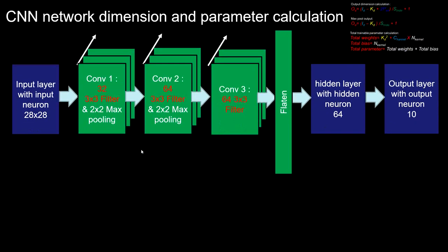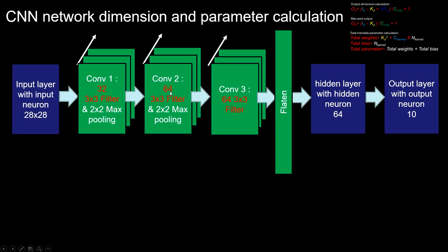So now let's take every equation and implement it in the simplest model that I have explained previously. Just recapping this model in a simple way: we have the input image with 28 times 28 dimension. We have the first convolutional layer with 32 filters, 3 by 3 dimension.